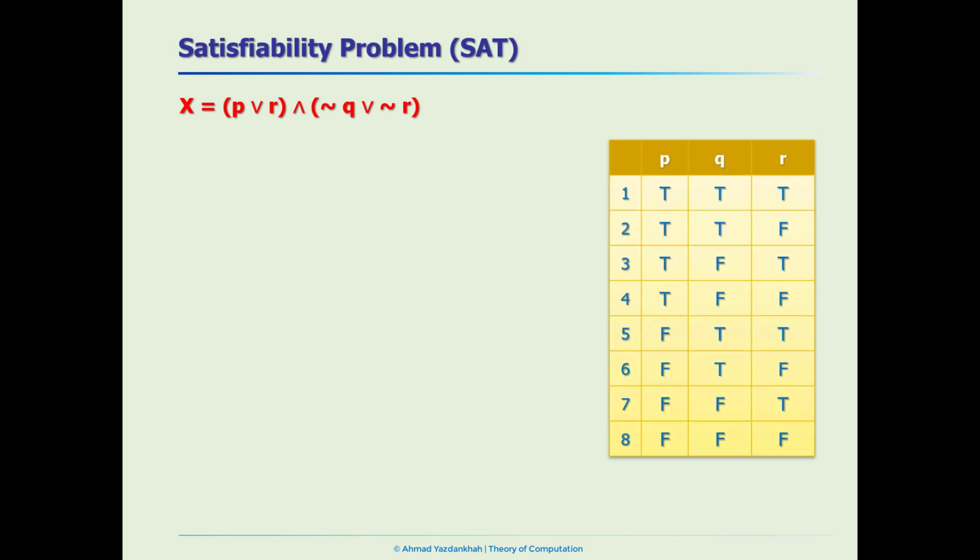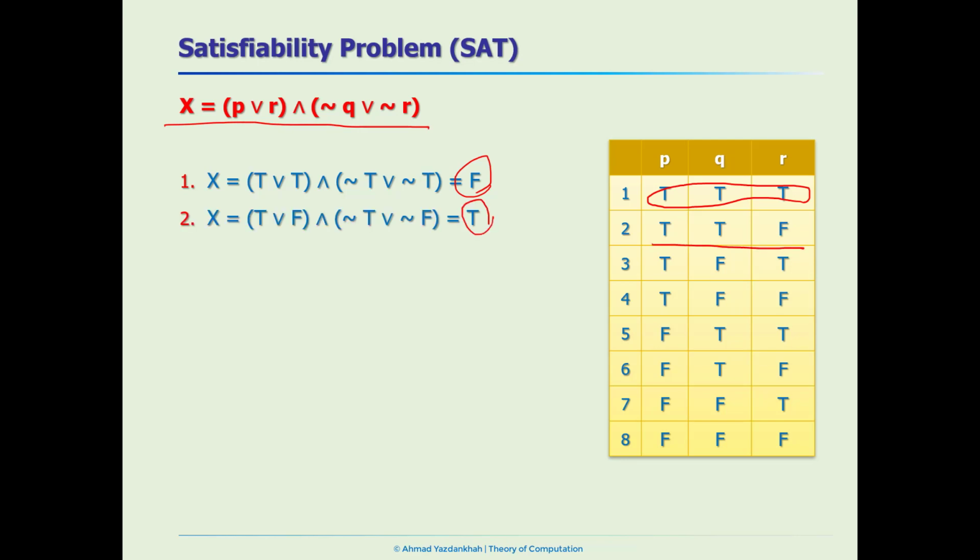So this is the truth table, and for the first row we have P, Q, R, all of them are true. So we put true here and see how it works. When we calculate this, we will get F. So this is not a solution for this expression, right? We try the next one.